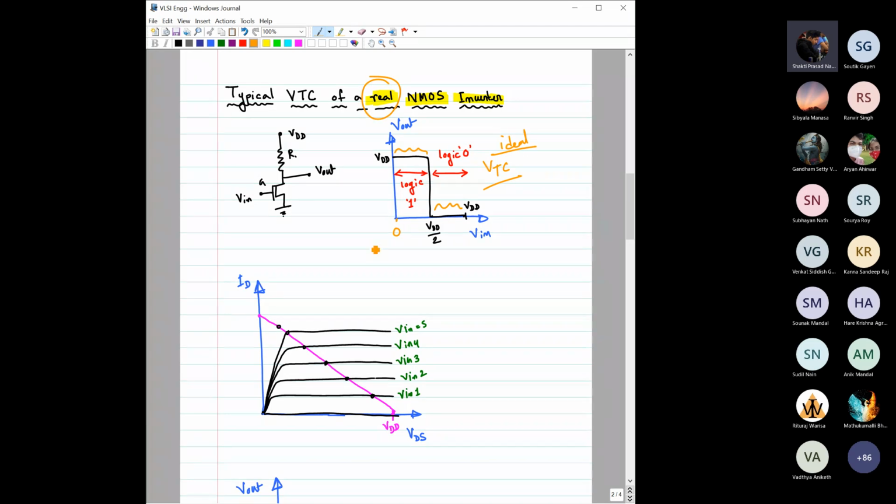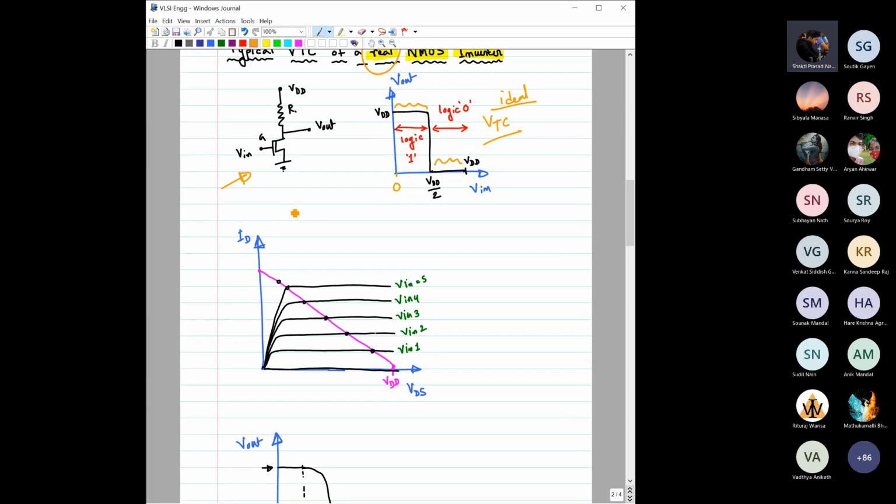But before going to that, let us also recap how you make the VTC from this circuit. The basic thing you already know, but this is a recap. This is the transistor, and the ID current is flowing through it. So we have plotted ID, that is the drain current, and here VDS, which is drain to source.